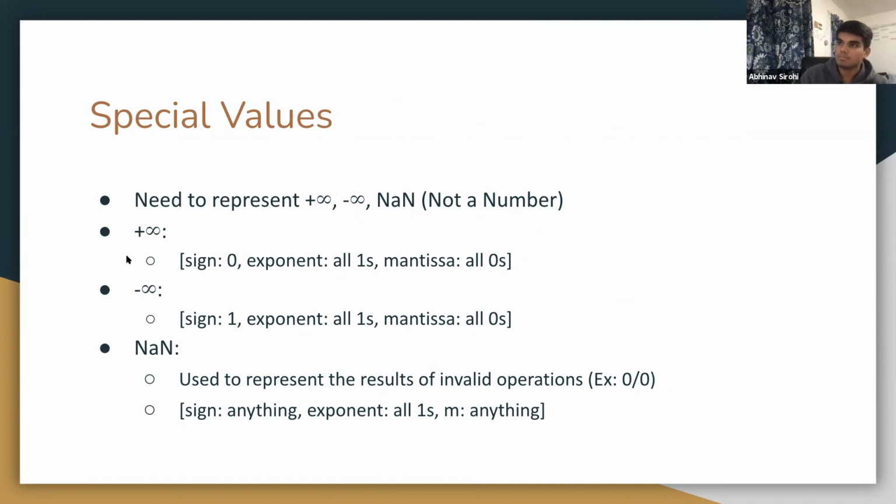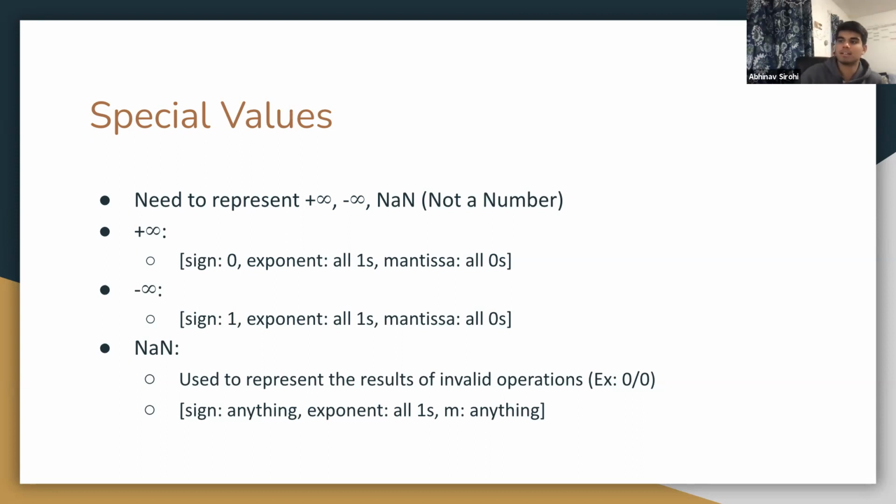When we store infinity, the exponent is set to all ones, the mantissa is set to all zeros, and then the sign determines whether it's positive or negative. 0 means positive, and 1 means negative. That's how you represent negative and positive infinity in computers.